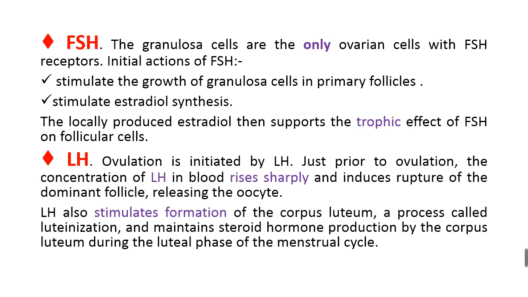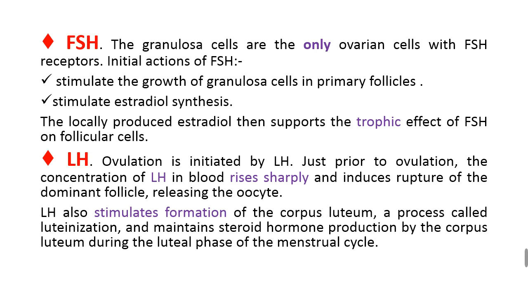What happens if the FSH attaches to its receptors on a granulosa cell? It will stimulate the growth of granulosa cells in primary follicles, and it will stimulate estradiol synthesis, as we saw in the last figure. The locally produced estradiol then supports the trophic effect of FSH on the follicular cells, while LH will help the ovulation.